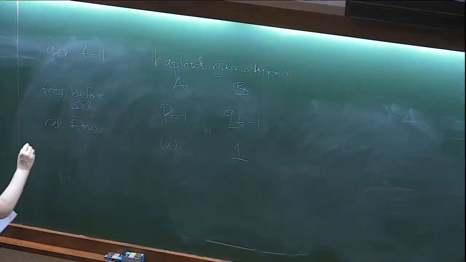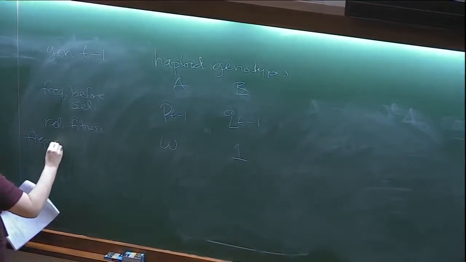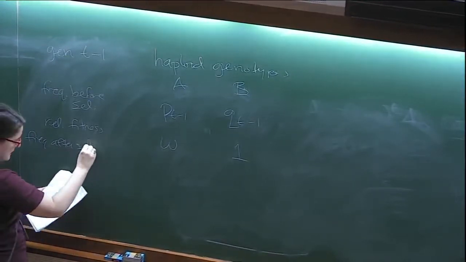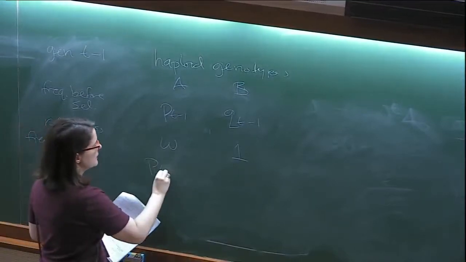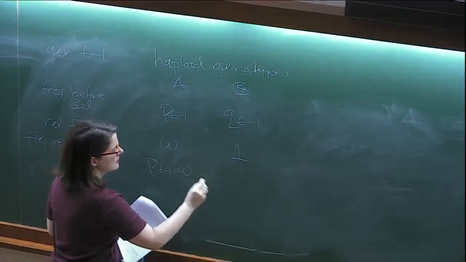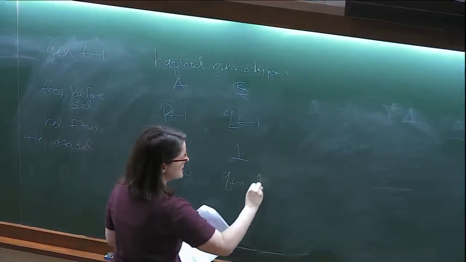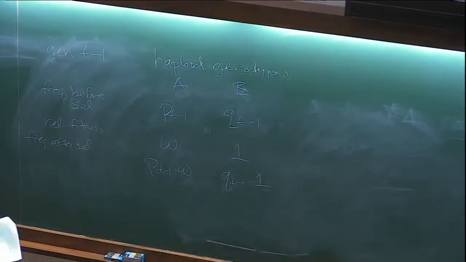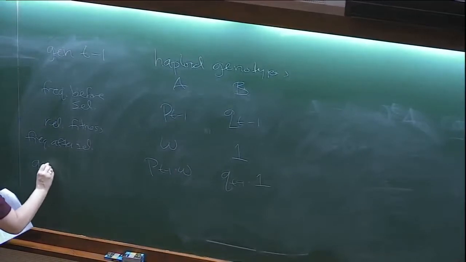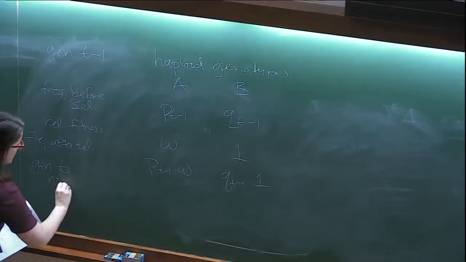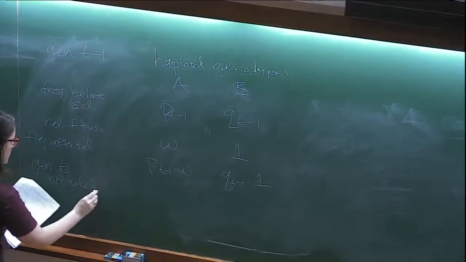So after selection, the frequencies are P times W and Q times 1. We need to normalize these for generation T, because we need them to add to 1.